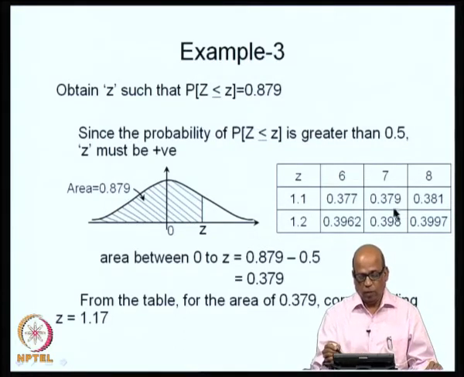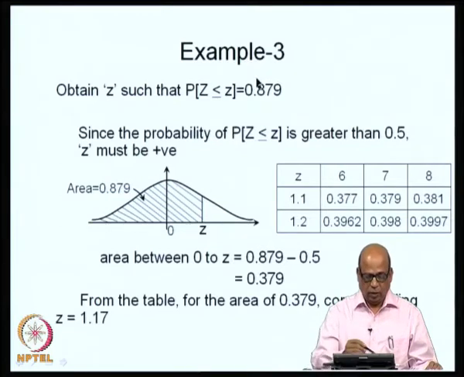You go to the table and look at the value that is closest to 0.379. You can also do numerical interpolation if you want exact values. In this case it turns out to be 1.17. So, for the area of 0.379 we get a z value of 1.17.